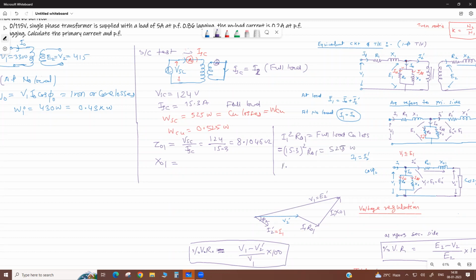Then we can calculate R01 equals 525 divided by 15.3 whole square. It comes to 2.243 ohm. So this is the resistance.